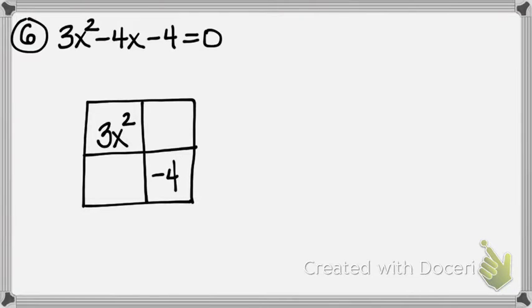So for number 6, it's already set equal to 0. We don't have a greatest common factor, so A is 3, B is -4, and C is -4. So we do need to actually create a box.